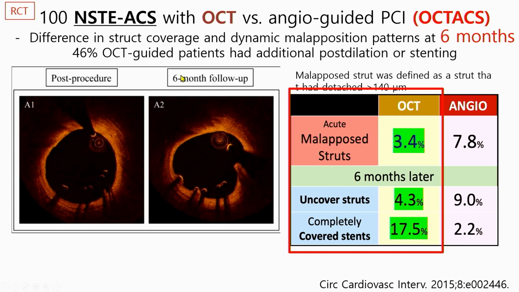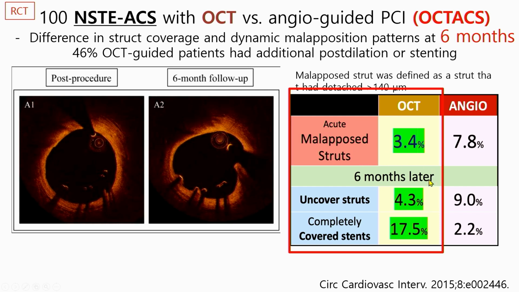So we see another study, the OCTACS study, which enrolled 100 non-STEMI ACS patients comparing OCT and angio. It's a randomized controlled study. We can see OCT can detect acute malapposition of struts, about 3.4%.